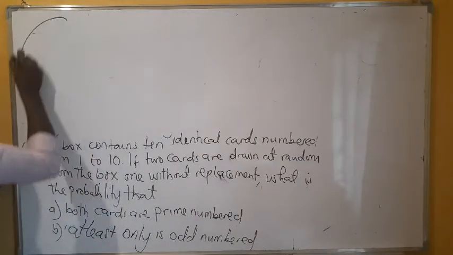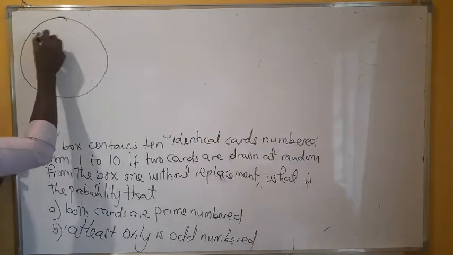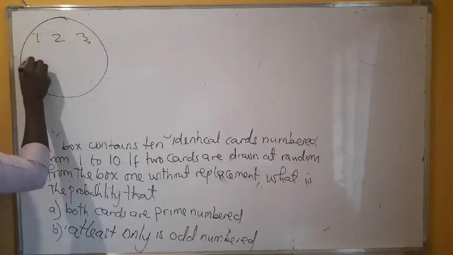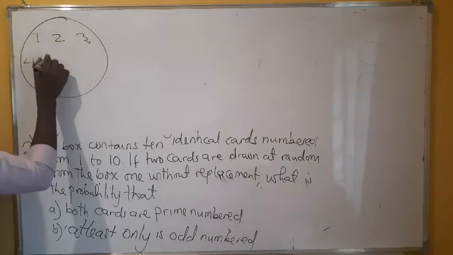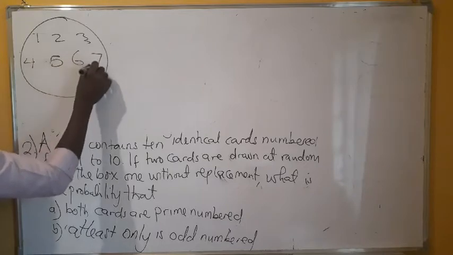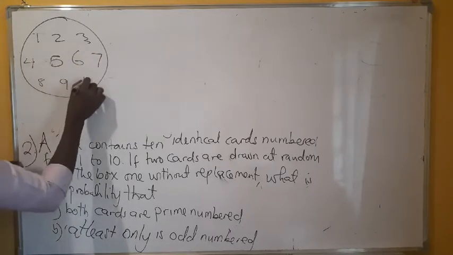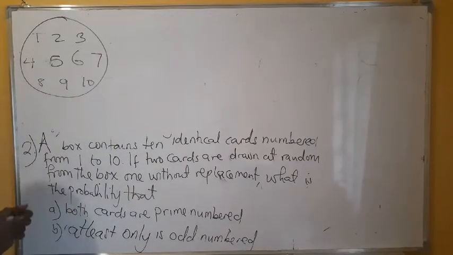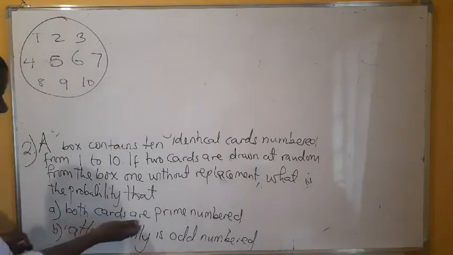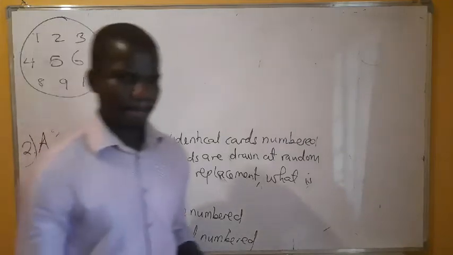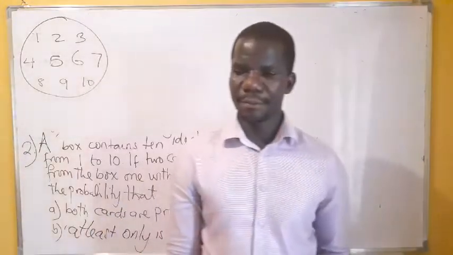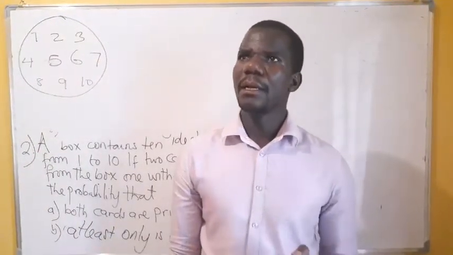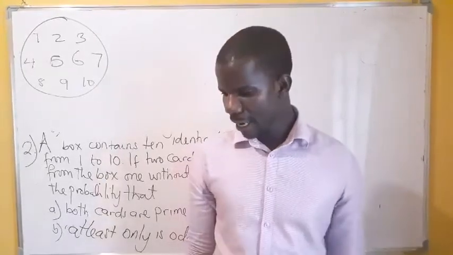So you have 1, 2, 3, 4, 5, 6, 7, 8, 9, 10. Both numbers that you are picking are prime numbers.